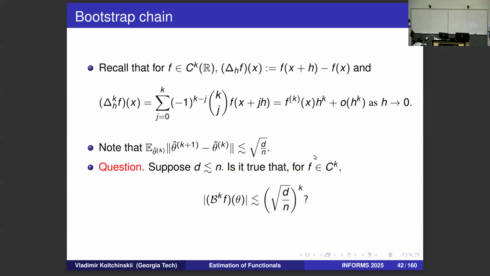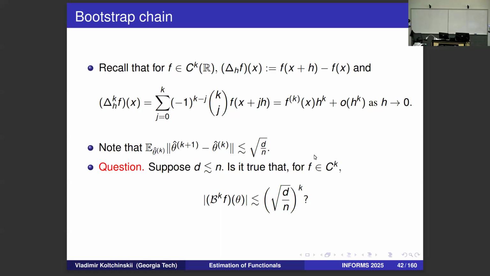If we raise this operator to power k, it will be given by this expression, right? f(x plus jh) corresponds more or less to f(theta hat j) in the formulas that I wrote earlier.